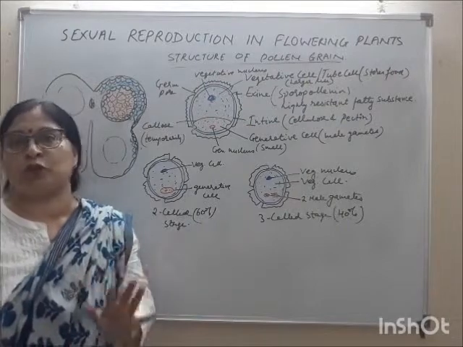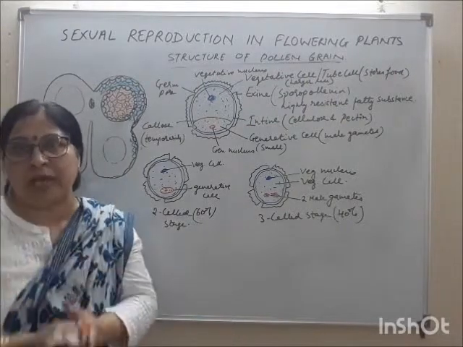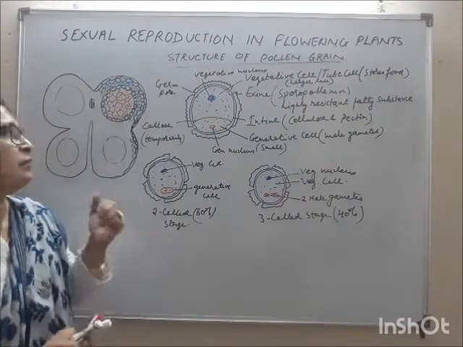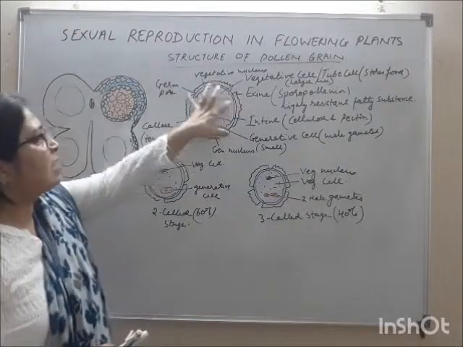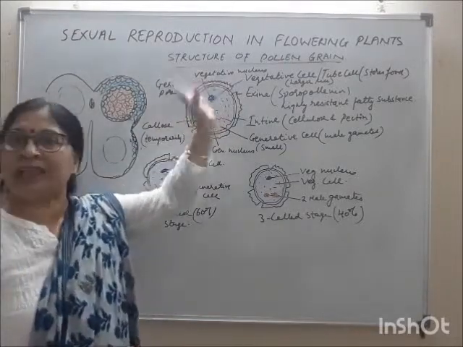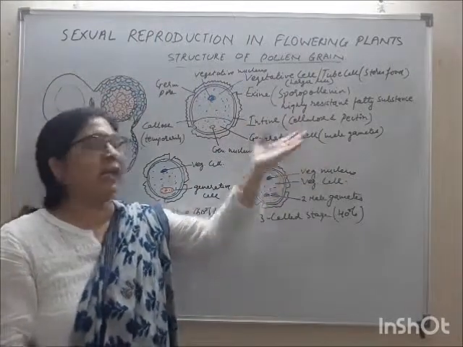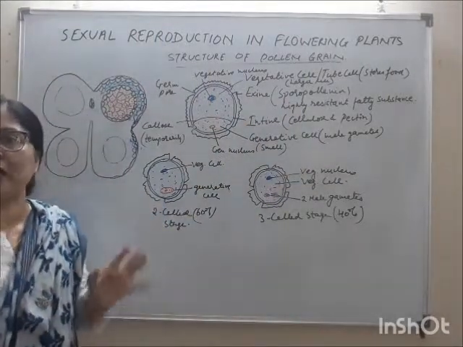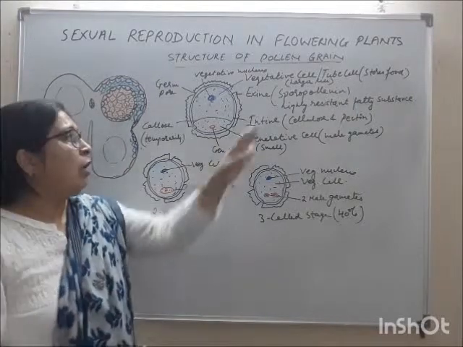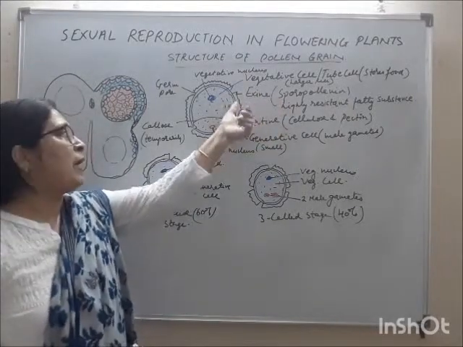And when these microspores dry and become lightweight, they are known as pollen grains. This is the structure of pollen grain. The outer layer is exine, which is composed of a highly resistant fatty substance known as sporopollenin. And this exine is spine.